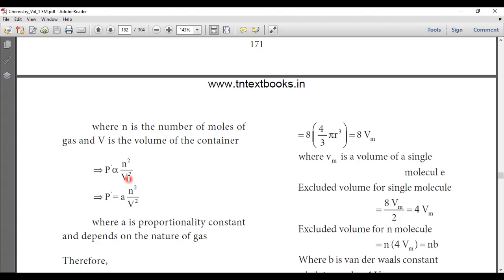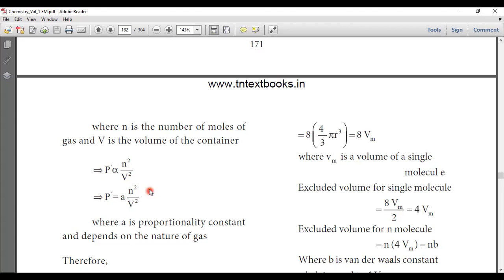Now P dash is the pressure. Removing the proportionality, we put a proportionality constant there. So now this will be equal to a, where a is the proportionality constant, into n²/v².